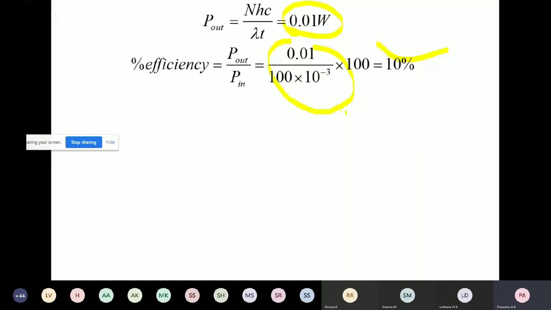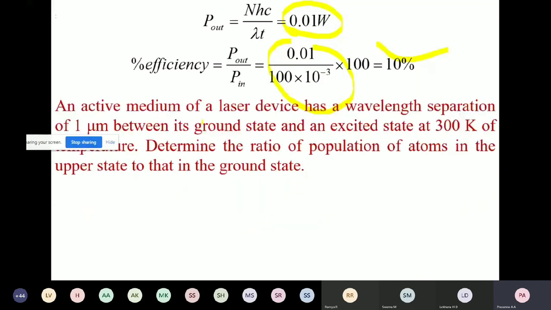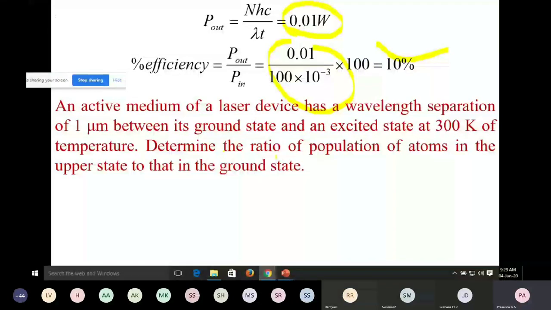In the other problem, an active medium of a laser device has a wavelength separation of 1 micrometer between its ground state and excited state at 300 degree Kelvin of temperature. Determine the ratio of population of atoms in the upper state to that in the ground state.